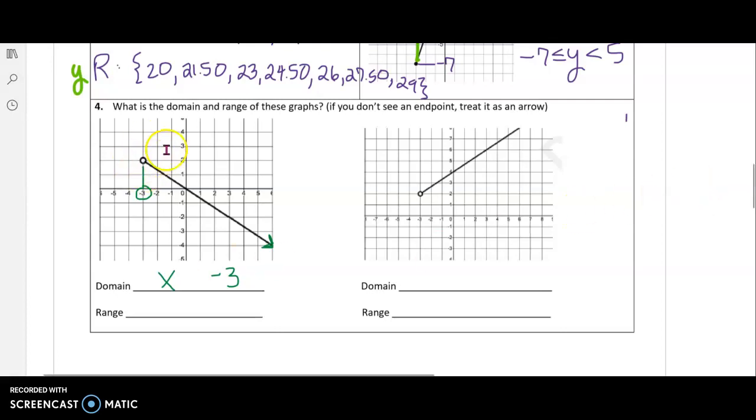It is an open circle, so I know I'm either going to use less than or greater than. Okay, so when I'm thinking of x's, I'm always thinking left to right, and this arrow is going to the right. Numbers get bigger going to the right. So I'm going to use the greater than symbol. Every single point on this line has an x value that's greater than -3.